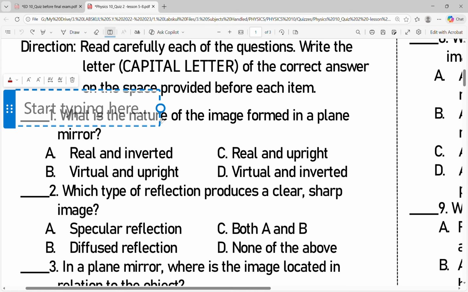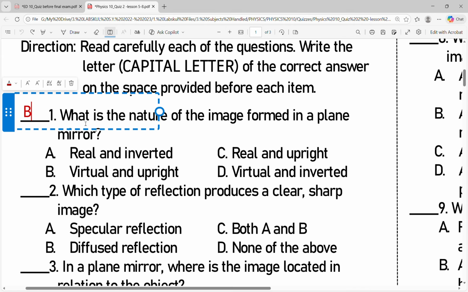So if upright, automatically, the type of image formed is virtual. On the other hand, if the orientation of the image is inverted, the type of image formed will be real. And so, answering this question, what type of image is formed in a plane mirror? The answer is letter B, virtual and upright.